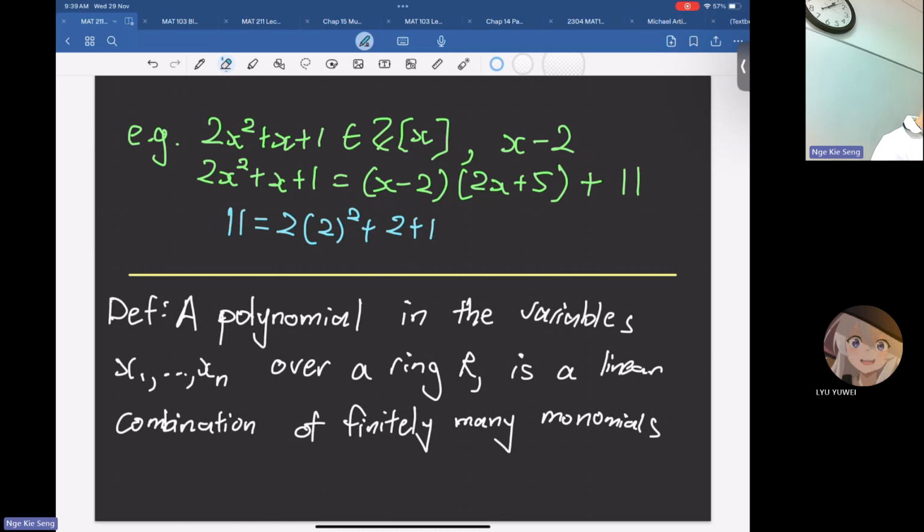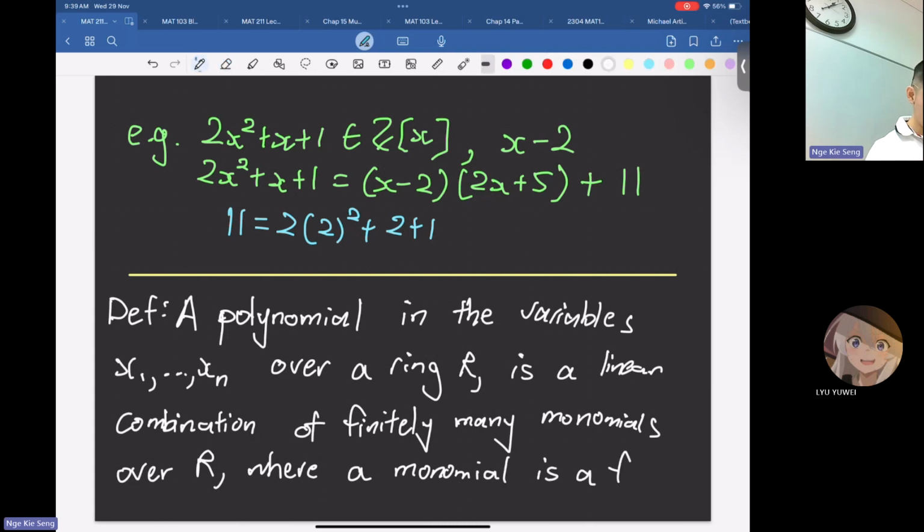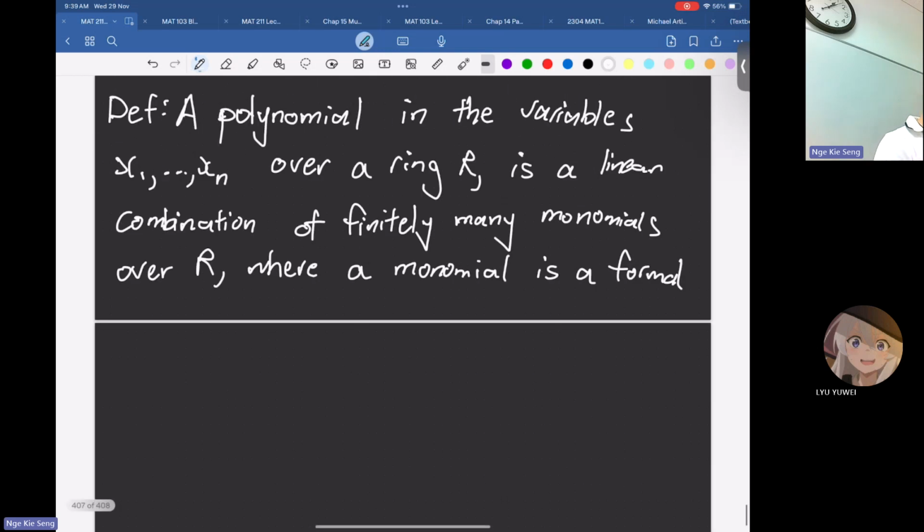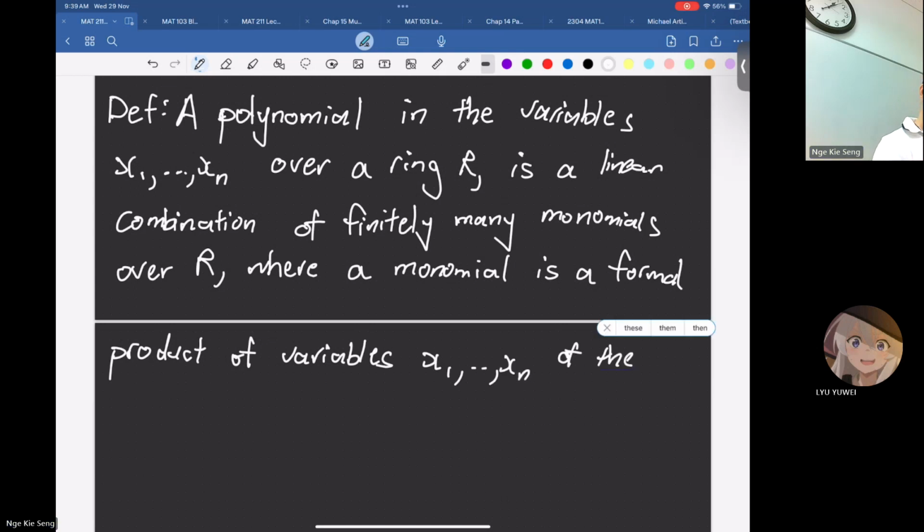So where, what's the monomial here? Let's make it formal. A monomial is a formal product. We don't see them as a function; we just see them as a formal product of variables x1 up to xn, of the form product of powers of them.